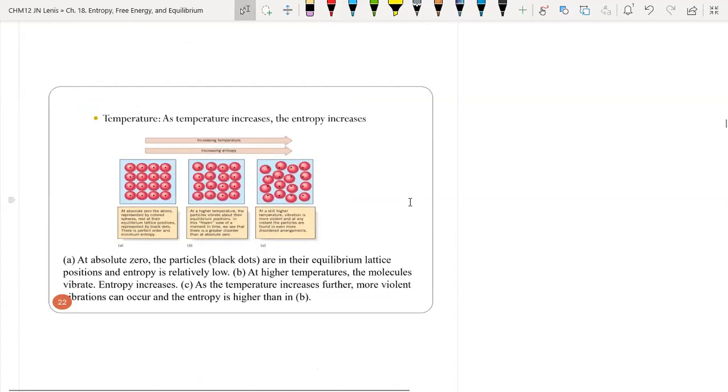If temperature increases, entropy increases. Makes sense because this is the solid, this is the liquid state, and this represents the gas. Increasing temperature means increasing kinetic energy, and particles go to the gas phase, where they have more freedom.